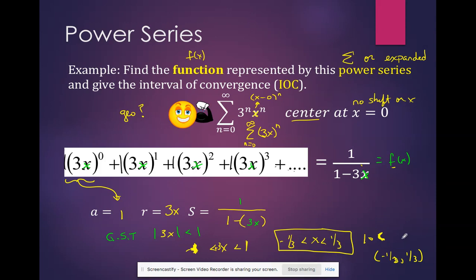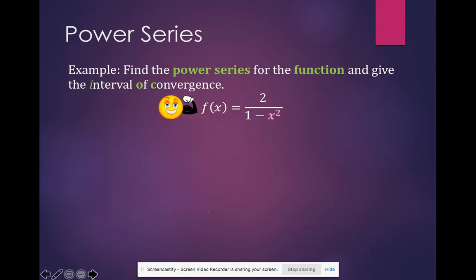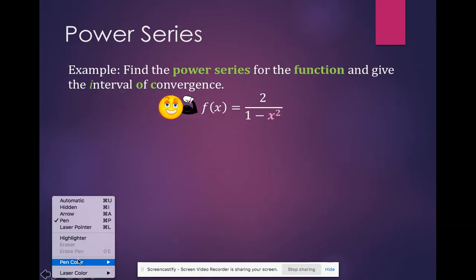So any number in between here. Isn't that crazy? So that was an example of finding the function, which is the same as just using the formula for the infinite sum of a geometric series. This one goes backwards.